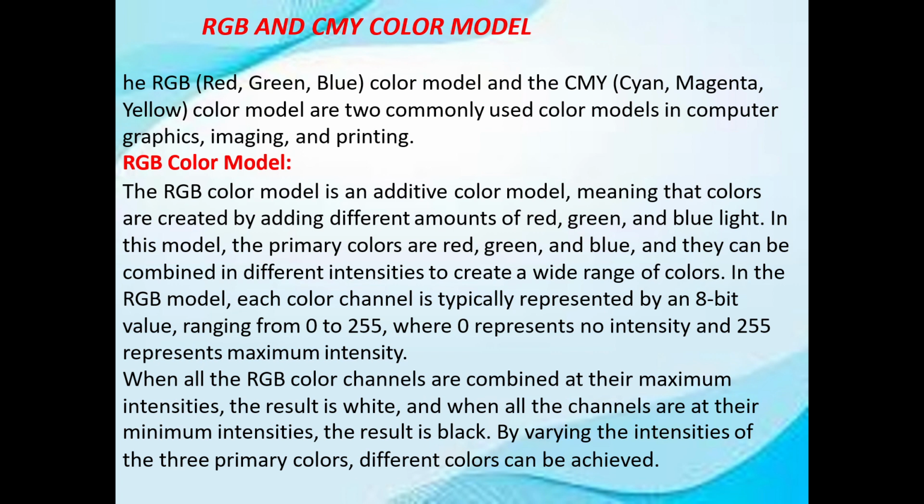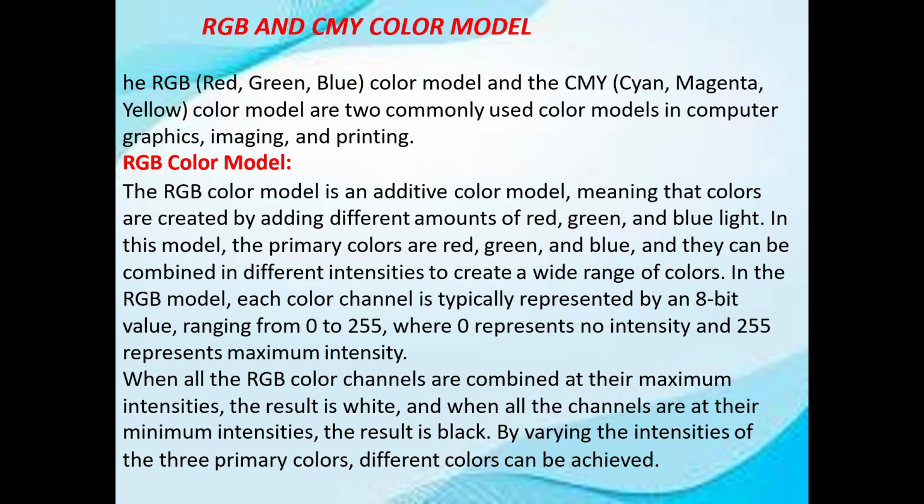The RGB color model is an additive color model, meaning that colors are created by adding different amounts of red, green, and blue light. In this model, the primary colors are red, green, and blue, and they can be combined in different intensities to create a wide range of colors.